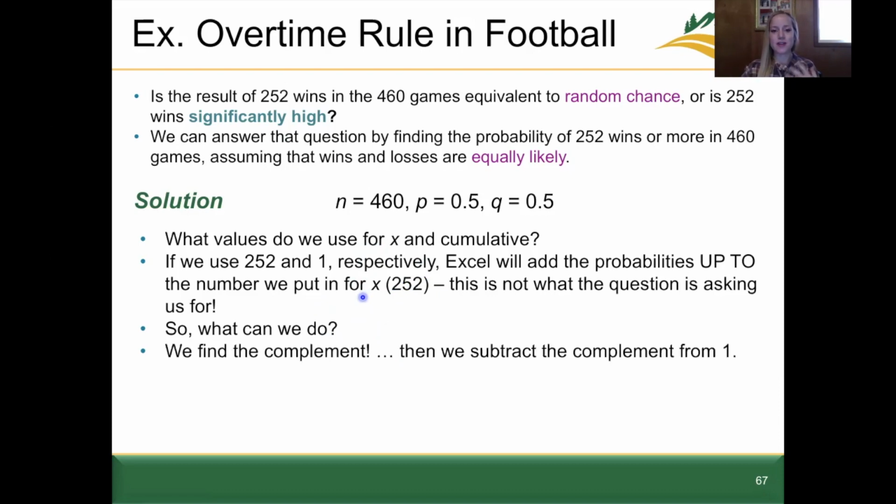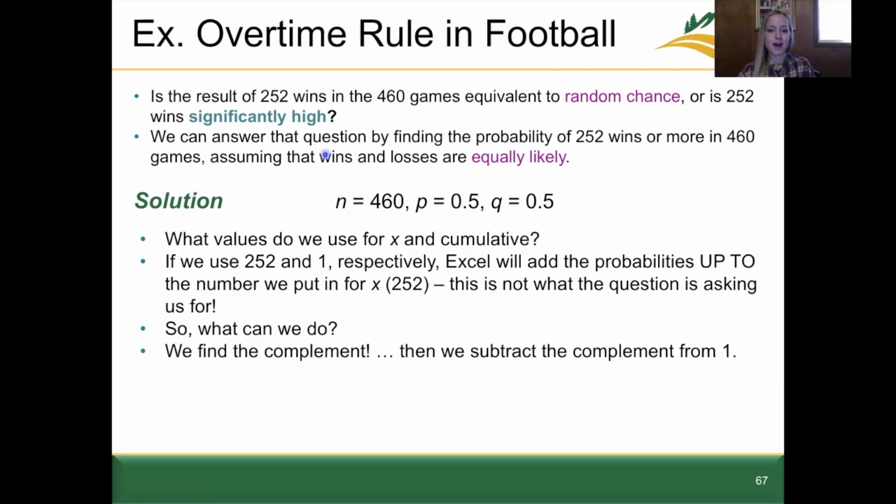So we actually want to use the complement here. We know that our successes and our failures have to add up to 1, so we can subtract the probability from 1 to then get our answer. The trickiest part here, what is the complement that we can actually plug into Excel? Well, our successes is that we have 252 or 253 or 254 wins up through 460 wins.